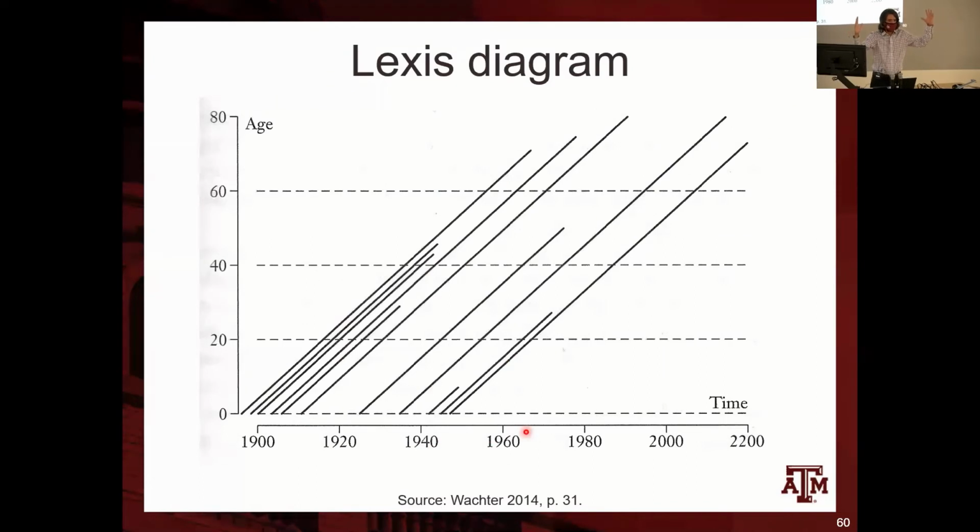So I can put together this data and compare people in 1920 that were 20 years old, 1940 that were 40 years old, 1960 that were 60 years old. Not necessarily the same people are answering my questions over time, but I can analyze changes of these major cohorts using period data.